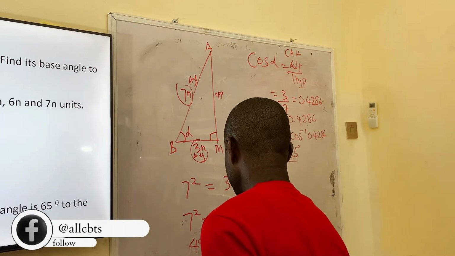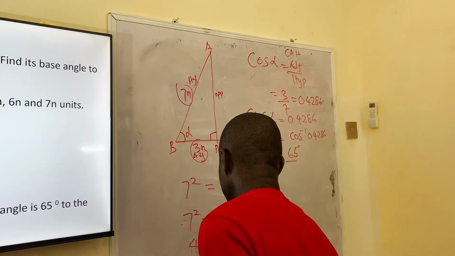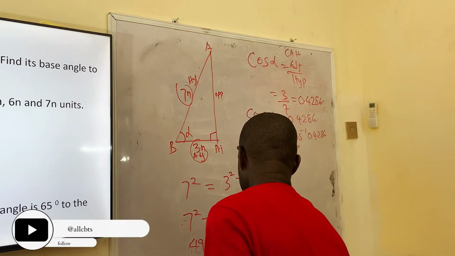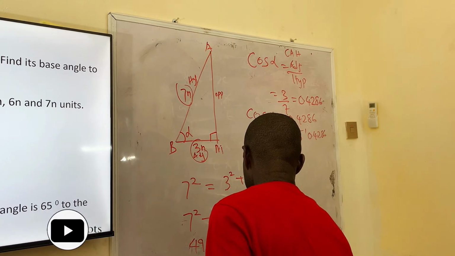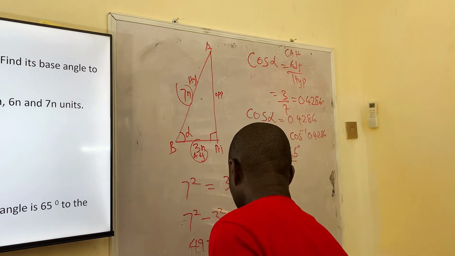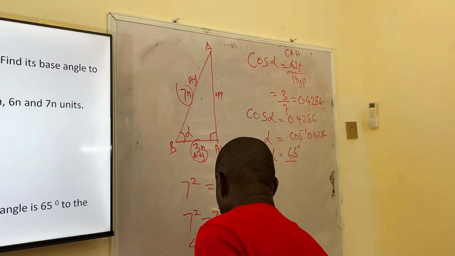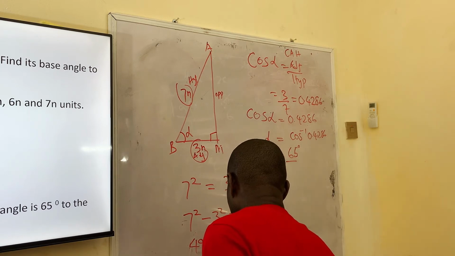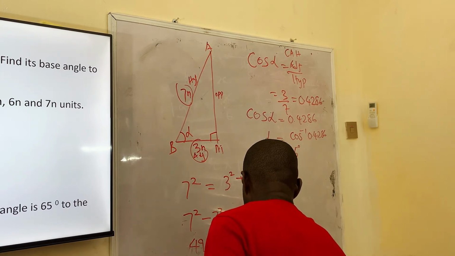So that gives you 49 minus 9. That is 40 equals opposite squared. So for you to remove this square, you find the square root of this. So the opposite therefore equals square root of 40.